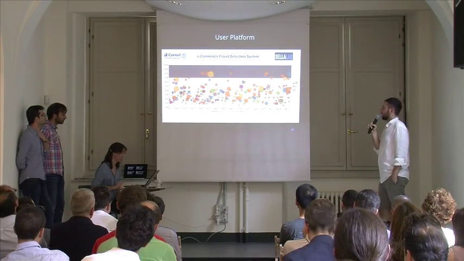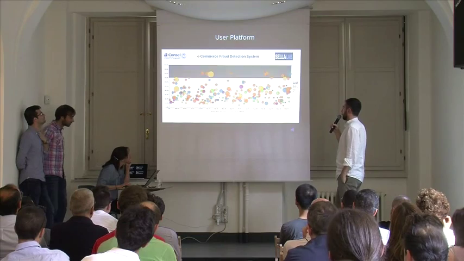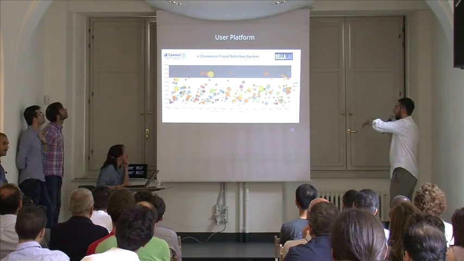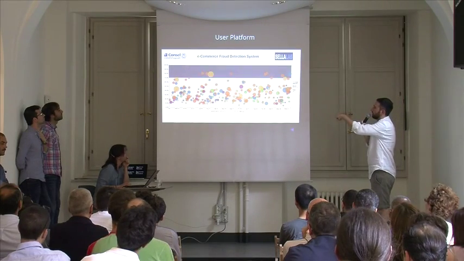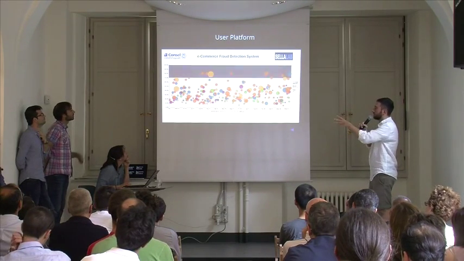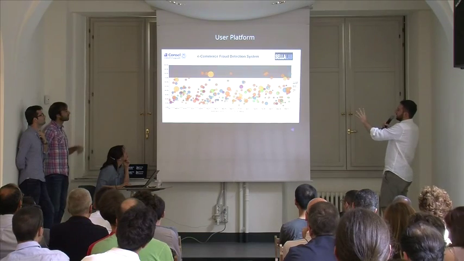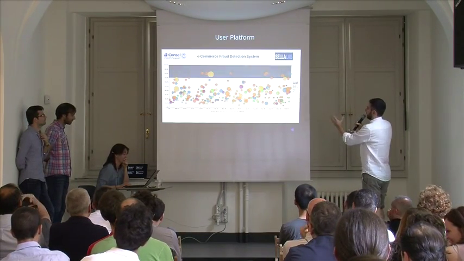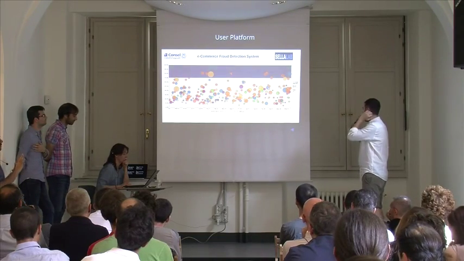This is a screenshot of one of our data visualization tools. On the x-axis you have the date, on the y-axis you have the probability associated with each customer. This is a screenshot from a fixed period of time, not all of our records.